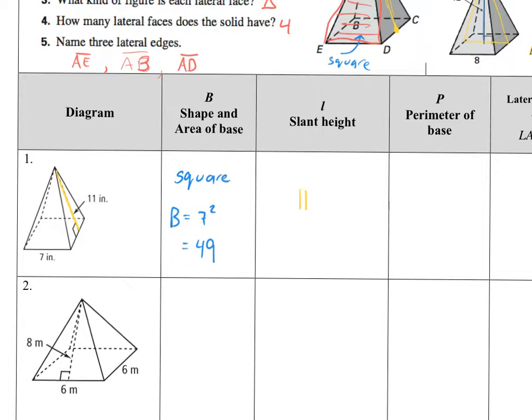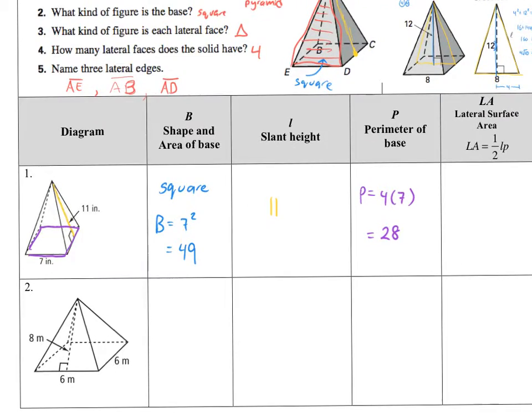And now, perimeter of the base is simply the square going all the way around, so 7, and I see that I have 4 of those, so 4 times 7, and of course the answer is 28. Again, inches, but I'll keep that at the end.